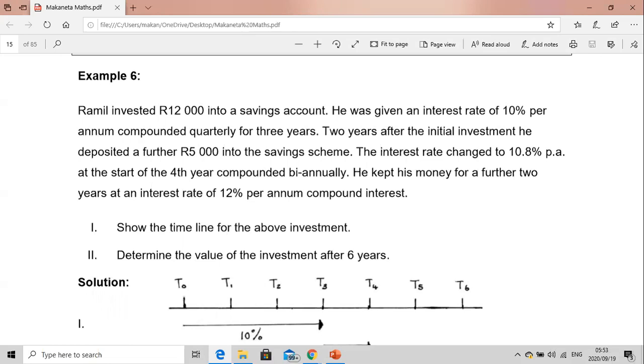Now, if the money is kept in the account at an interest rate of 12% per annum, we need to develop a timeline just to demonstrate how the investment has grown, and also to determine the value of that particular investment after a period of 6 years.